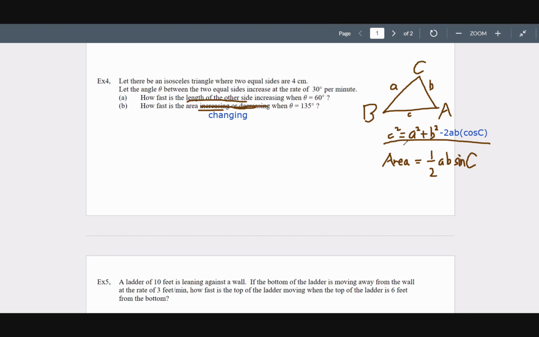If something is true for A, then the same thing is true for B and the same thing for C. So if C squared is equal to A squared plus B squared minus 2AB cosine C, then what can you say about A? We have the formula for A as well? Yes, we do. A squared is equal to B squared, and then what?